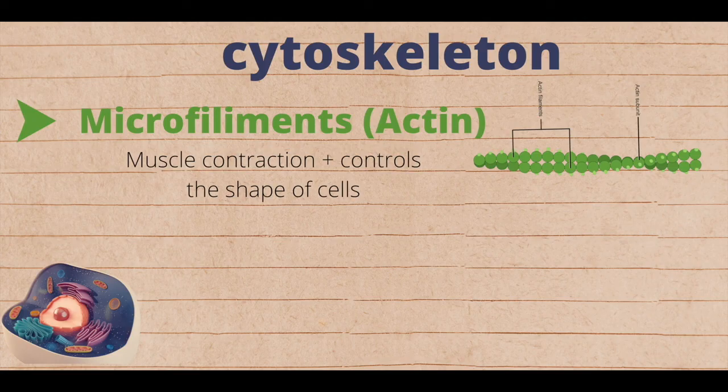Also, let's just say a cell wants to squeeze into a tight space. Actin is going to come and surround a part of the cell, kind of like a little waist trainer, and it's going to squeeze it and shape it into a way that it can fit through the small space. So basically, actin helps in muscle contraction, but it also forms a ring around cells so that it can shape it to go through small spaces, but also it can help split the cell in half.